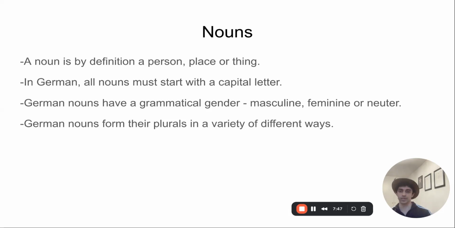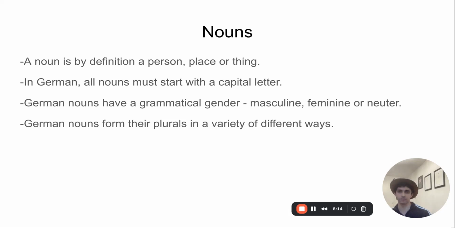And they will also indicate in brackets the plurals. So if they have brackets and then a dash n, for example, in the dictionary, that means that to create the plural for that noun, you simply add n at the end. If they have in brackets a dash with an umlaut with two dots over it, that means you simply form the plural by adding an umlaut onto the final vowel of that German noun, and so on.